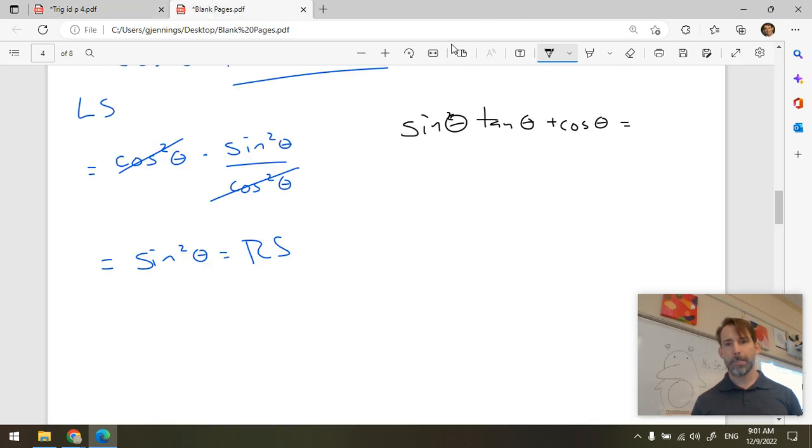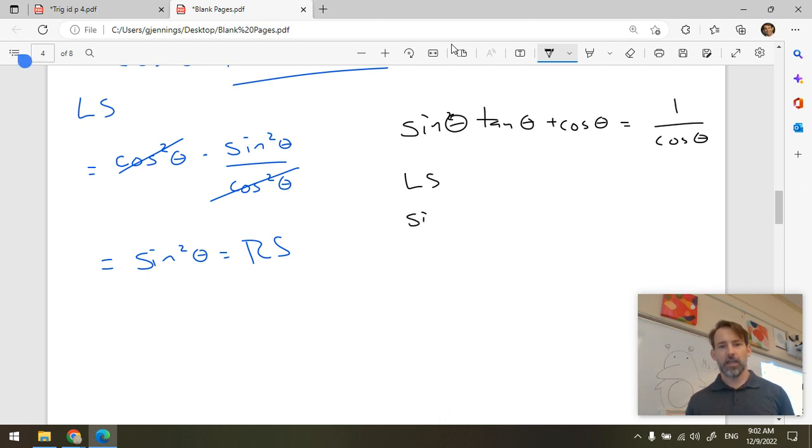Yeah. Okay, let's start on the left side because the right side's already quite simplified, so we're not going to make any progress working on that side. Expressing it as secant doesn't really help us.